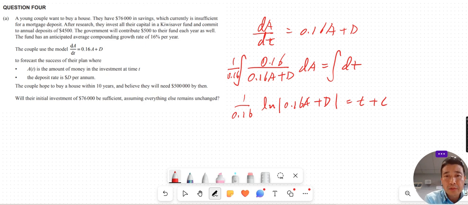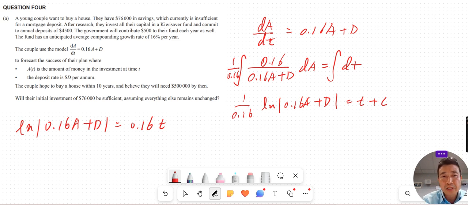Now I multiply by 0.16 on both sides, so that's ln of 0.16A plus D equals 0.16t. Well, there's no point multiplying c by 0.16, so this is just c.